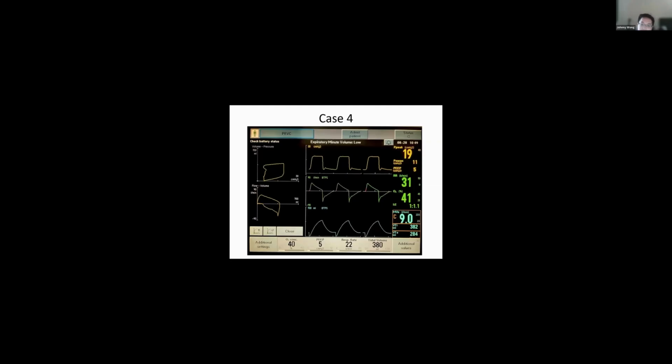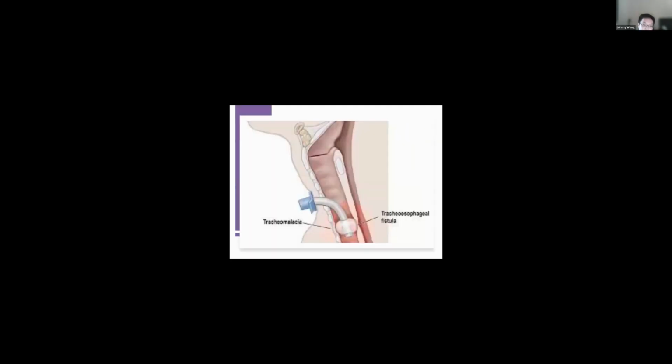But something else that may be causing it is a fistula in the other direction. If it went anterior to an artery, we're concerned for an innominate artery bleed. But if it were to erode through the posterior wall, you may have a tracheoesophageal fistula, and the air is leaking out into the esophagus.